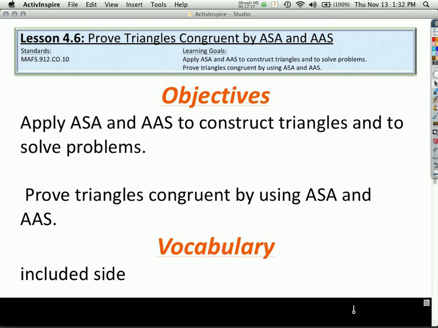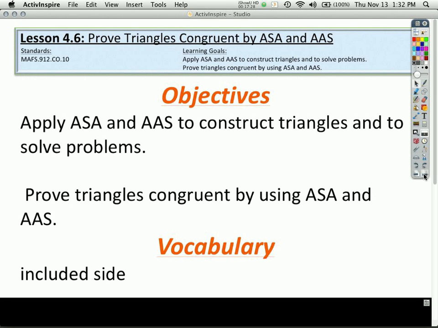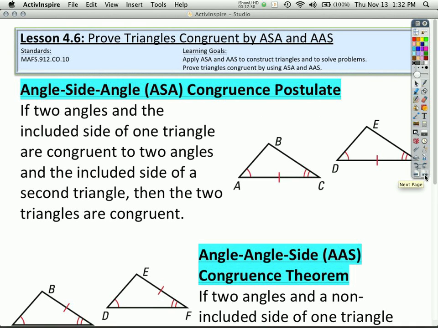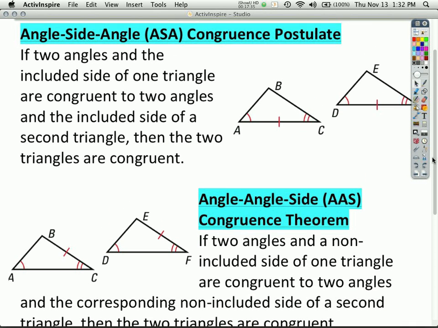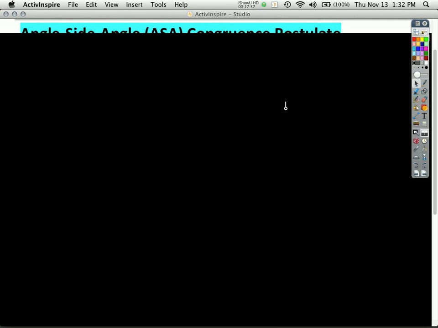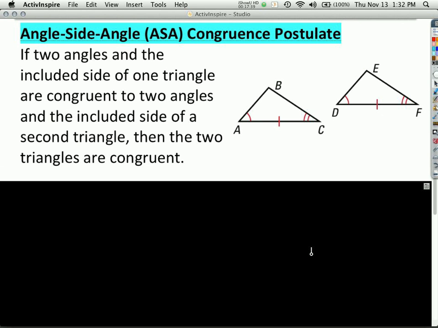Some new vocabulary, included side. So let's go ahead and look at the postulate and the theorem of the day. You have this on your cheat sheet, so there's nothing to write down, but you have to know it.